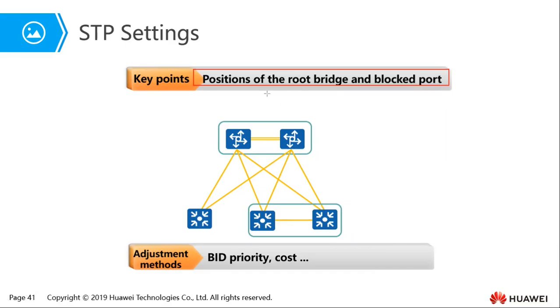As we know, to affect root bridge election, we might need to change the bridge ID and the priority of each of the switches. To change which port is blocked and which one is not, we might need to change the port cost. So those are some of the adjustment methods. And we know the others which we learned at HCIA level.